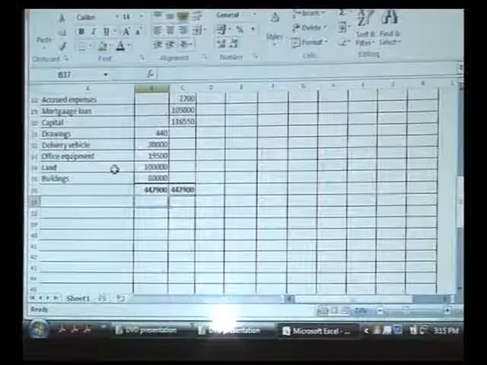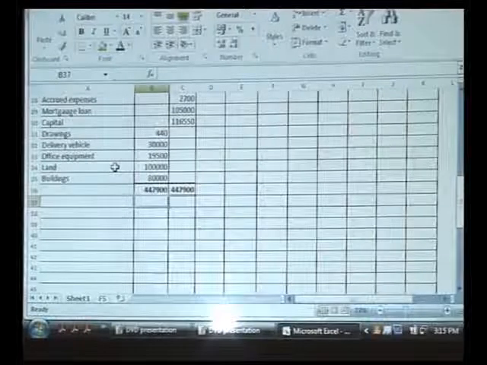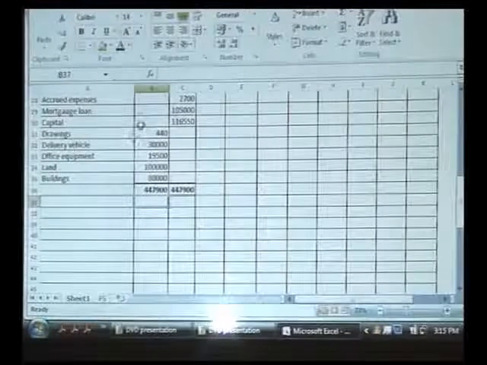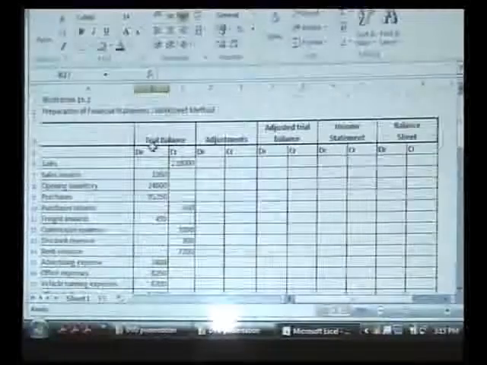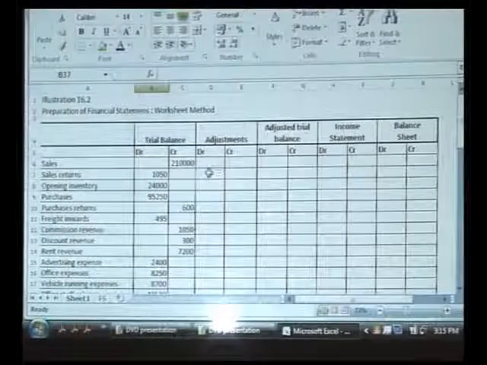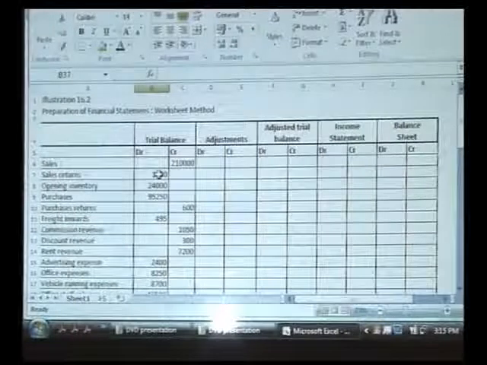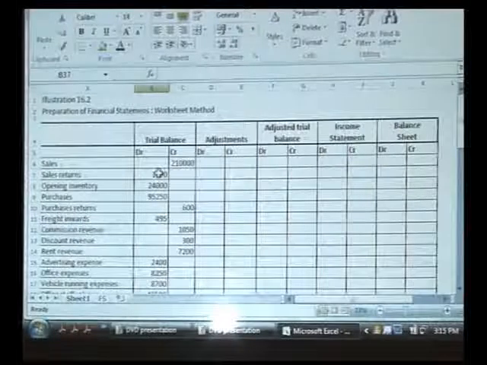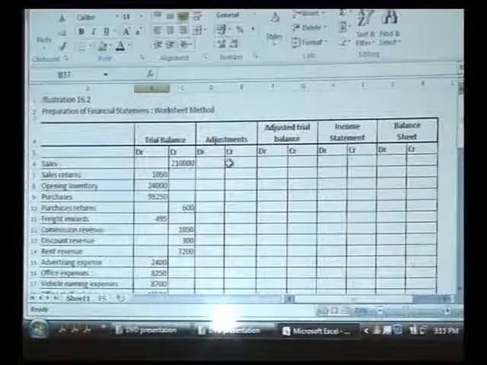Now the first thing is to make adjustments in the worksheet. The first adjustment given in the question is inventories on hand. Leave that adjustment. We will do it later once we complete the adjustments column.